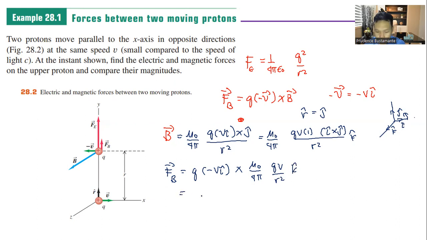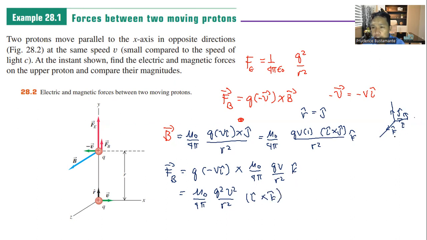So we have Q squared, mu naught over 4 pi, this constant, and V squared over R squared, and we have i cross k.